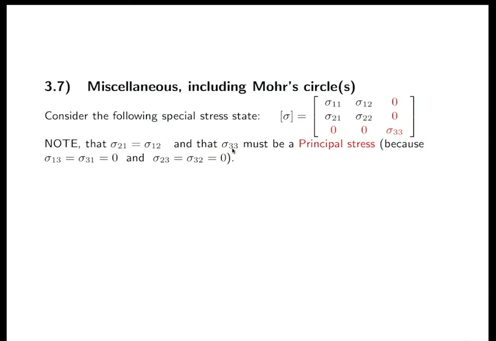Sigma 3,3, this is actually a hint for you. If you have a stress tensor like this, then sigma 3,3 must be a principal stress because there are no shear stresses on the 3 plane. Sigma 1,3 equals sigma 3,1 equals 0, sigma 2,3 equals sigma 3,2 equals 0. That means sigma 3,3 is already a principal stress, but only if you have the zeros here. Remember, we obtained the principal stresses by bringing the stress vector on a face of the cube parallel to the normal vector.